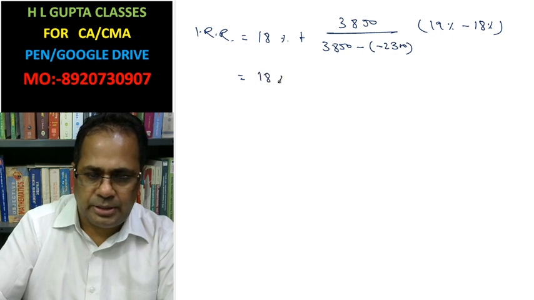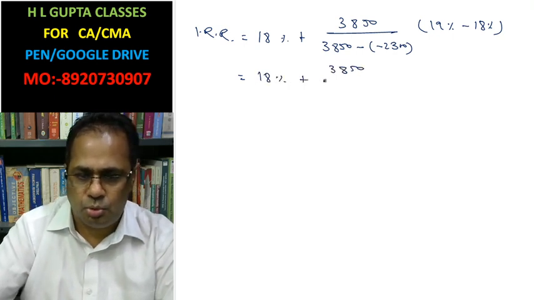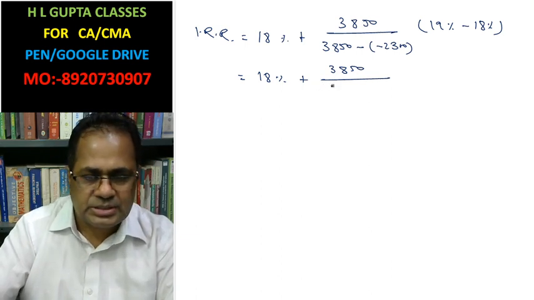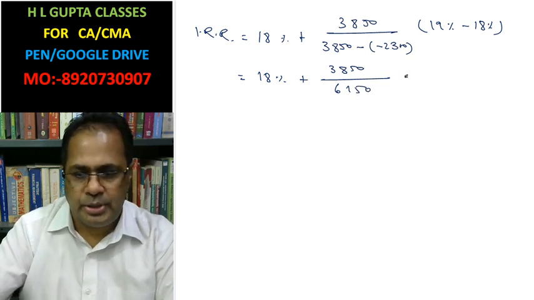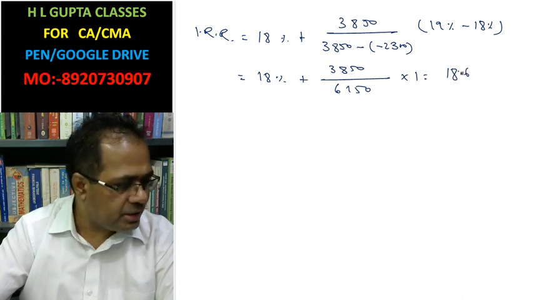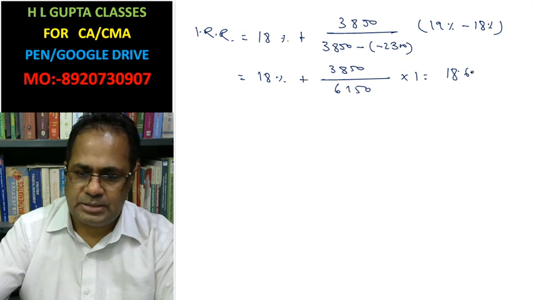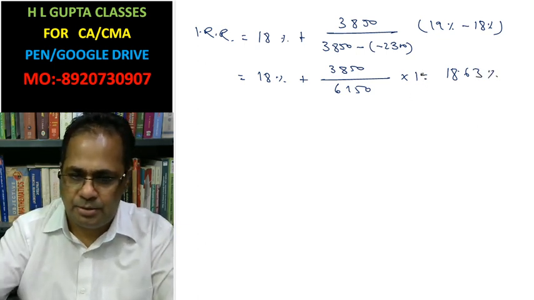This is 18% plus 3850 whole divided by 6150 into 1, that equals 18.63%. This is your percent.